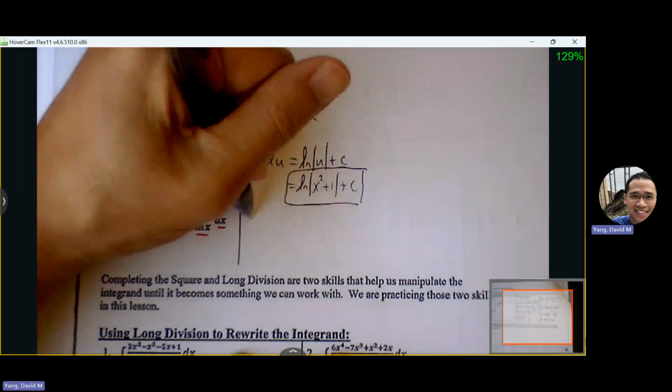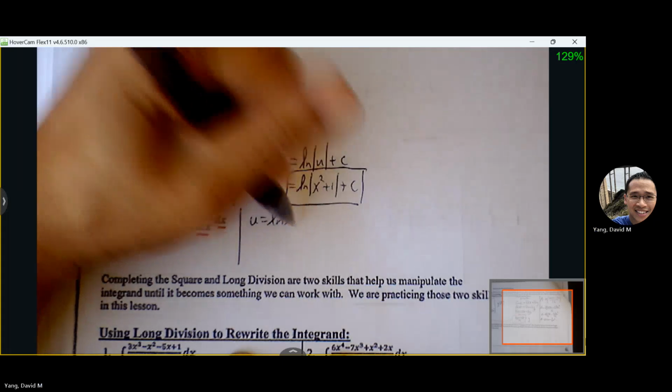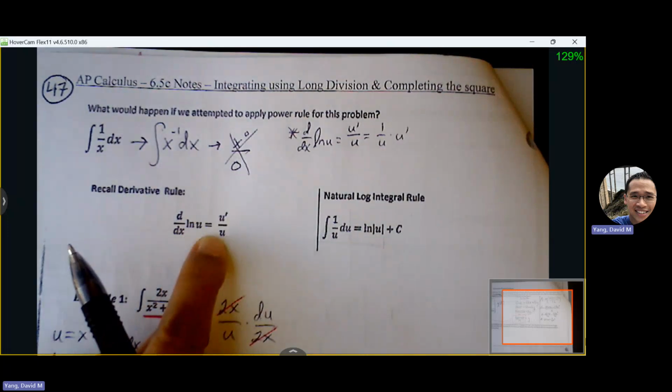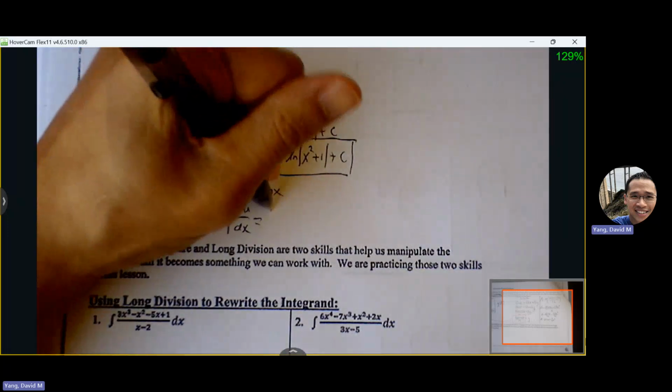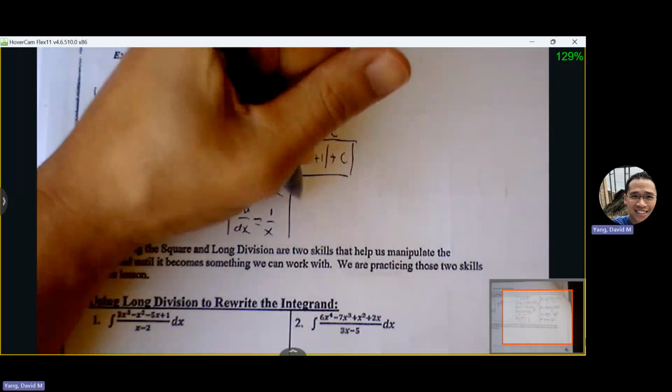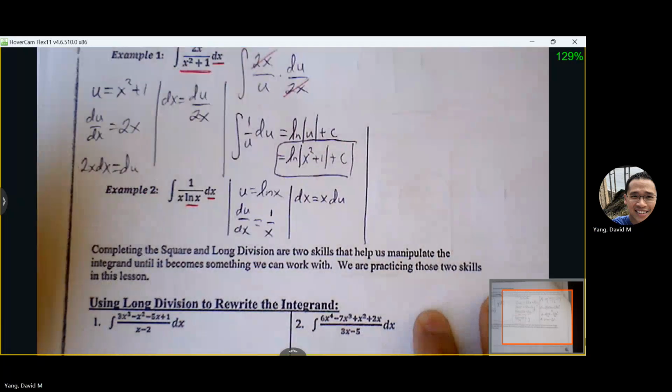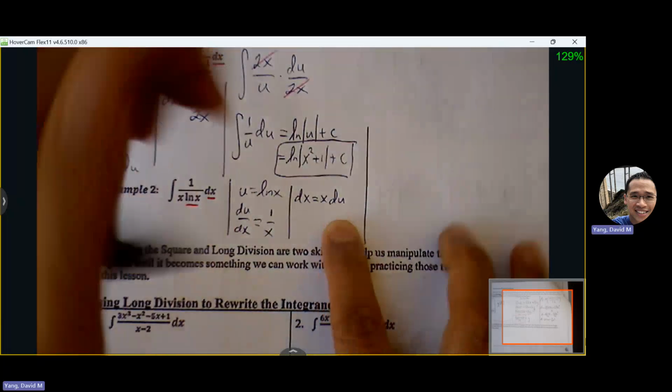So here's our u value. u is natural log of x. The derivative of natural log of x is u prime over u, so 1 over x. Cross multiply, dx equals x du. Make my substitutions.